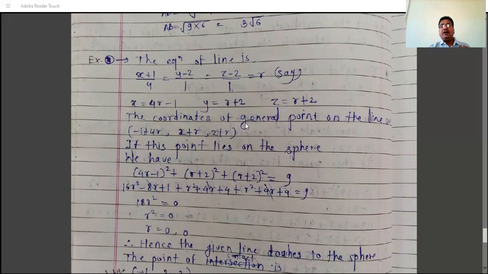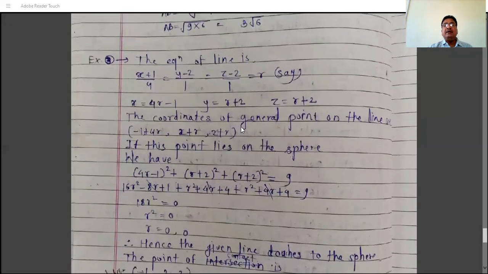And therefore, any point on this line has coordinates of this type: 4r minus 1, or minus 1 plus 4r, then r plus 2 or 2 plus r, and then r plus 2 or 2 plus r. So the coordinates of the general point on the line are minus 1 plus 4r, 2 plus r, 2 plus r.